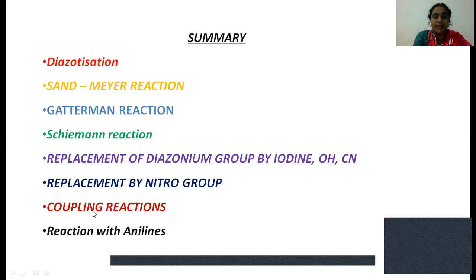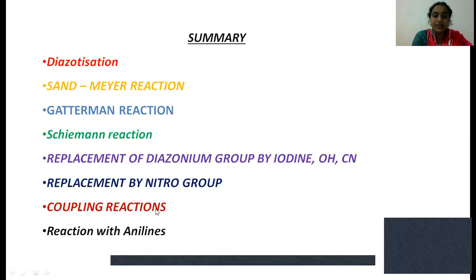Next is the coupling reaction. We studied benzene diazonium chloride reacting with phenol, which produces an azo dye, and with beta naphthol, which also produces azo dyes. We also studied the reaction with aniline, another example of the coupling reaction, which produces an azo compound.